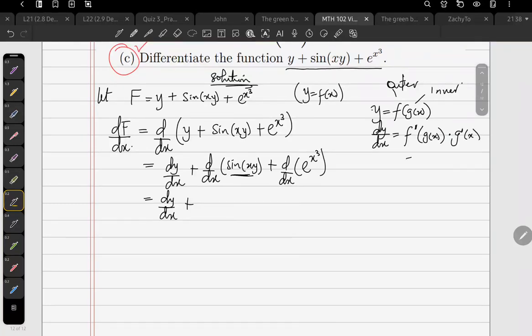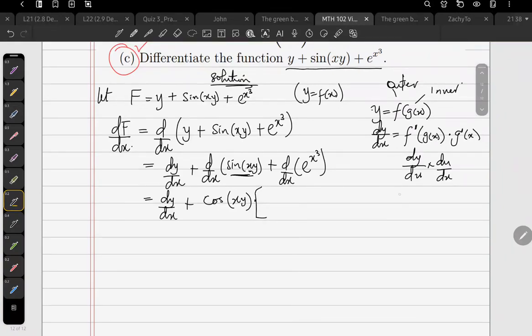In other words, we also know the chain rule as dy/du times du/dx, where u is the inner function. So in this case, the outer function is sine. So the derivative of the outer function here will be cosine. We evaluate it at the inner function xy, then times the derivative of the inner function.